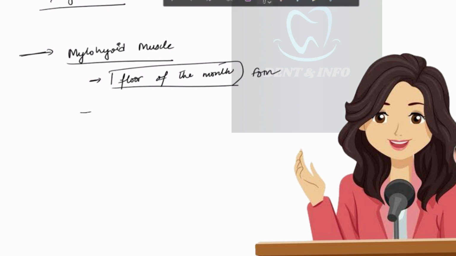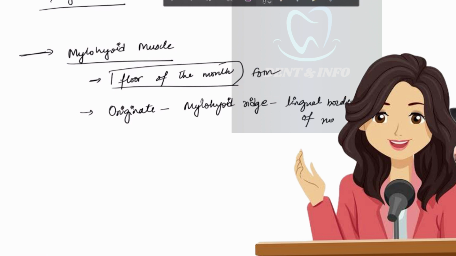It originates from the mylohyoid ridge that is located on the lingual border. So mylohyoid ridge located on the lingual border of mandible is where your mylohyoid muscle originates from.